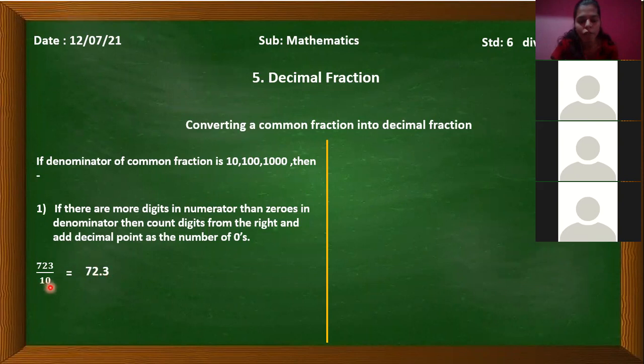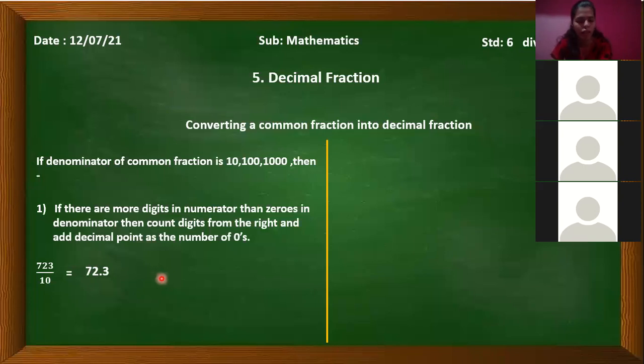As there is only 1 zero, we can see after the decimal point there is only 1 digit. Understood? So 723 upon 10 gives 72.3. Always remember, when giving decimal point, we have to count the digits from the right side. Okay.